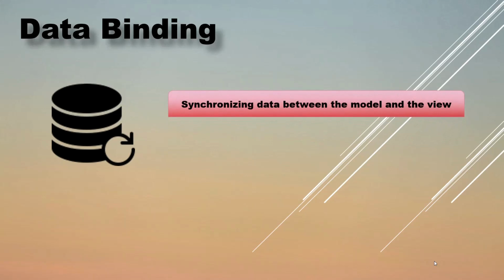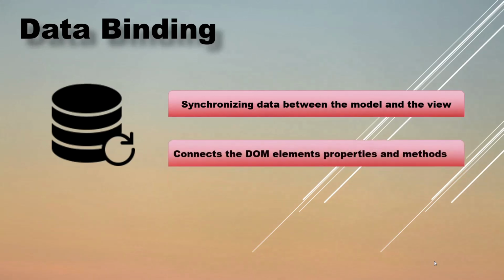So it is synchronizing data between the model and view, nothing but synchronizing data between HTML and TS, and it connects the element properties and methods.